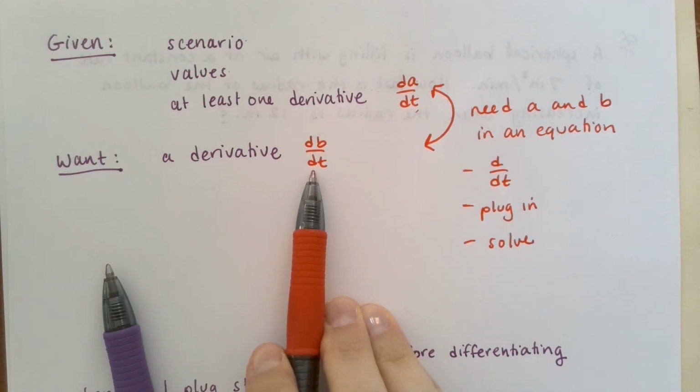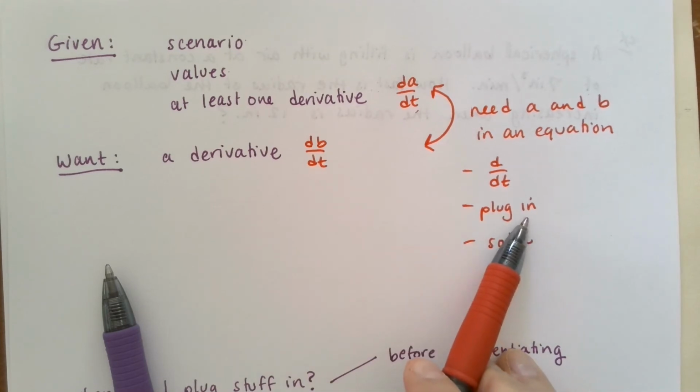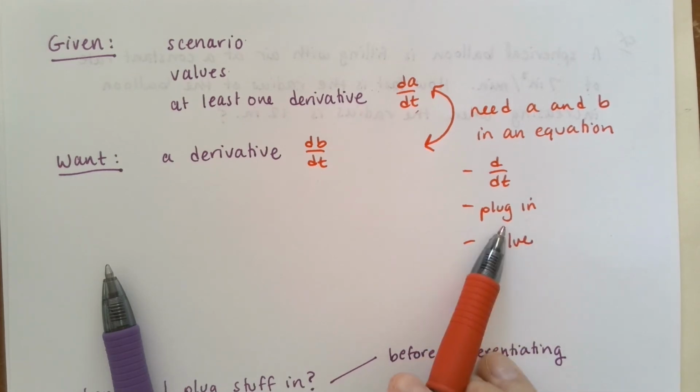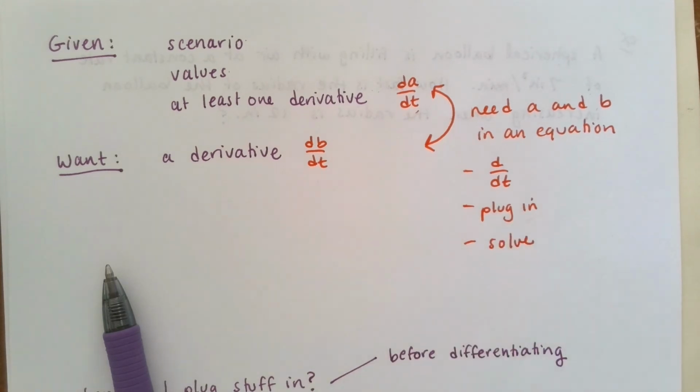Every once in a while, you'll run into a problem where there's one particular value that you don't have to plug in, but you should be able to backtrack and have enough information to figure out what it would be. So don't freak out. Once in a while, there's one thing to go back for in this step, and that's okay.